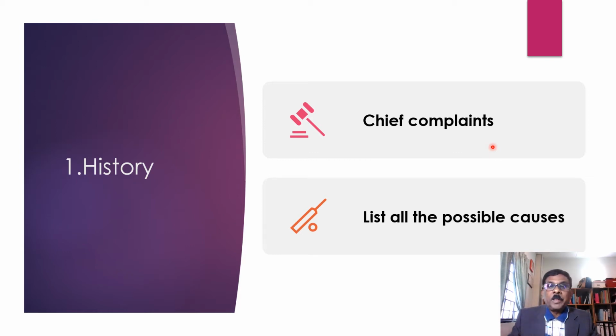It can be as many as possible. From this list, subsequently, with the history of present illness and the physical examination, we will exclude one by one whatever diagnosis is not feasible, so that by the time we come to the diagnosis, we have just a couple of them as differential diagnosis.